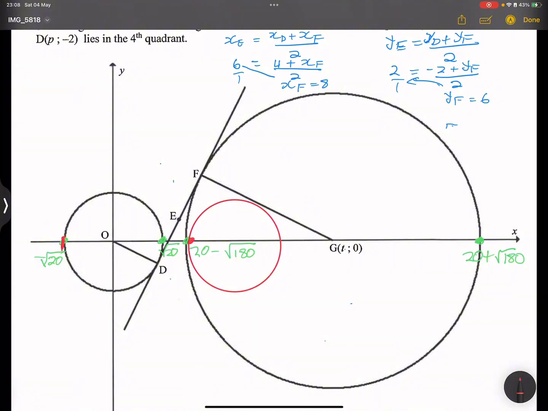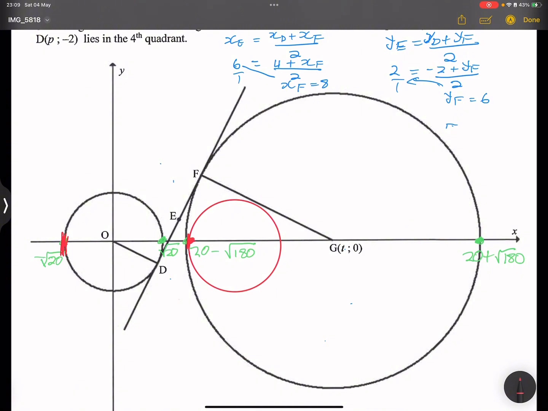Which means I must actually move it by the difference of the x-intercepts of the big circle minus the x-intercepts of the smaller circle, right?